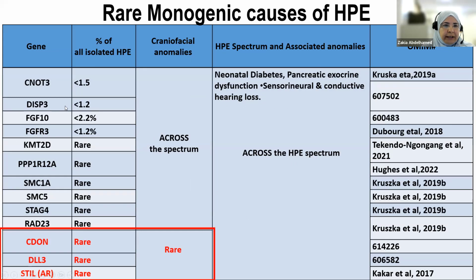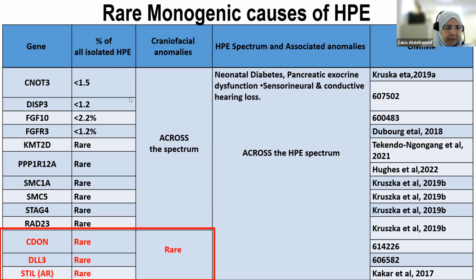This slide shows the rare genes that have been involved. In total, we have about 17 genes causing holoprosencephaly. The four that I just described are the most common, and then these are also involved, all of them causing a spectrum of craniofacial and neuroanatomical malformation across the spectrum of holoprosencephaly. And this one can also cause diabetes, pancreatic exocrine dysfunction, and ossicle, sensorineural and conductive hearing loss.